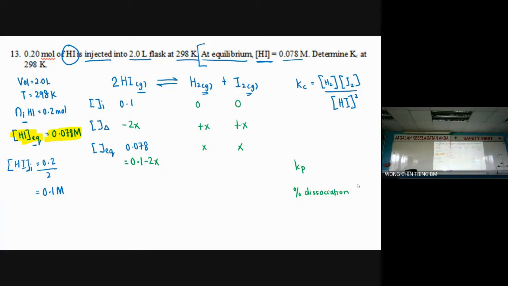Saya nak jawapan dari rumah. Yang dah set kira, on top of the Kp value, I want percentage of dissociation. Sorry.